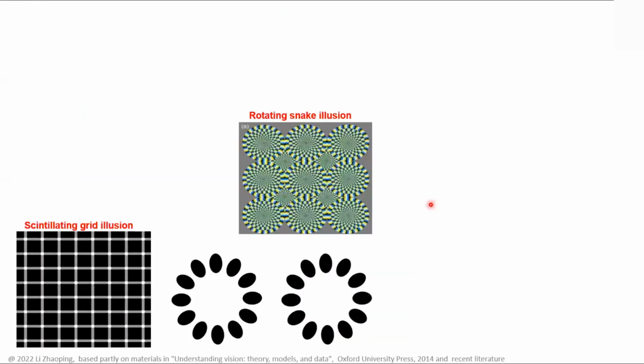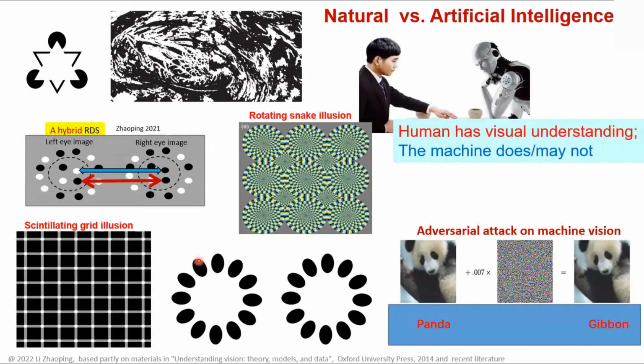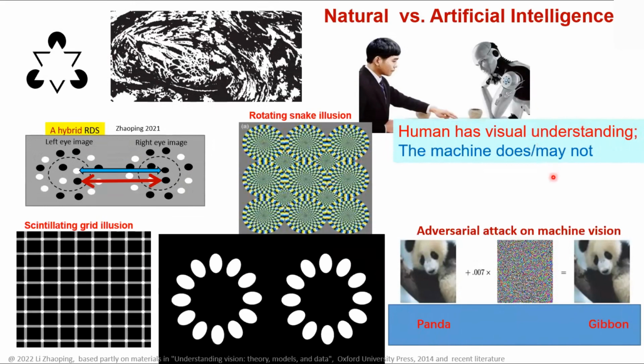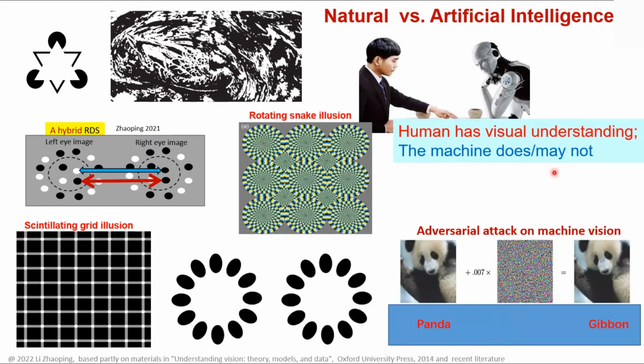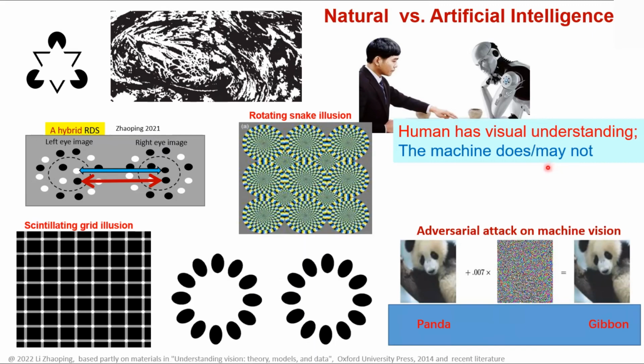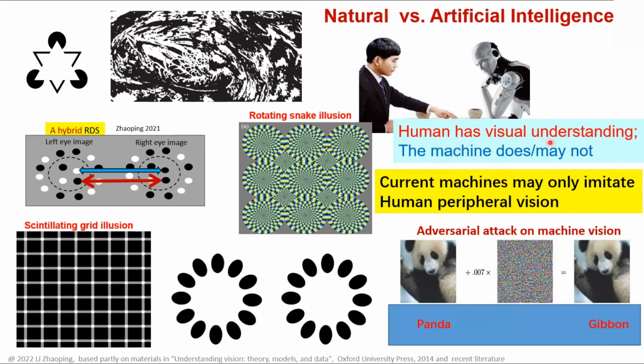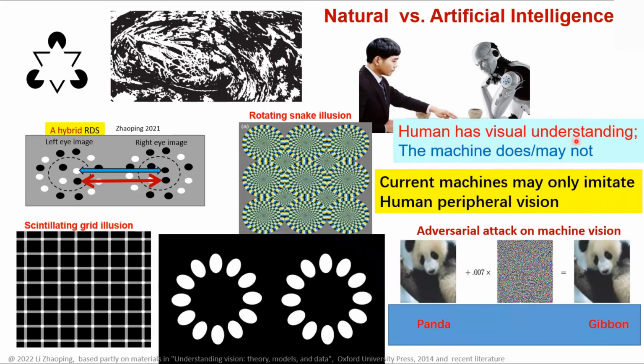And so anyway, I just put it together. You have all these illusions, which you can see as adversarial attacks on our visual system, and the machines get these adversarial attacks. We humans also get them, but we humans have central vision, which is not so easily attacked. And you may say this is because we humans have understanding.